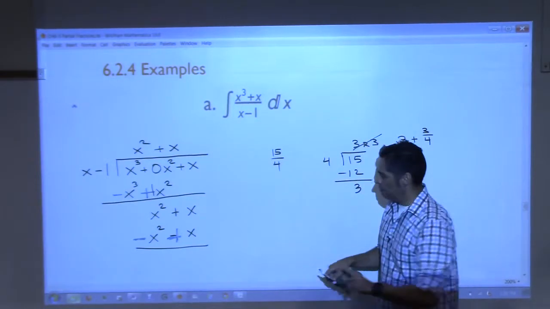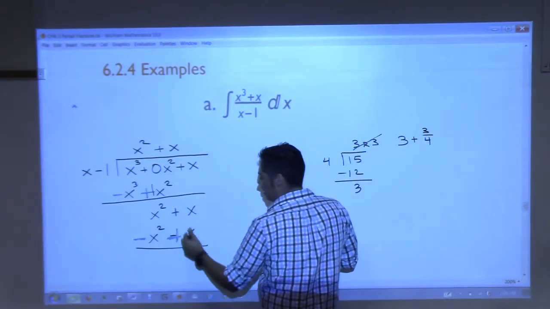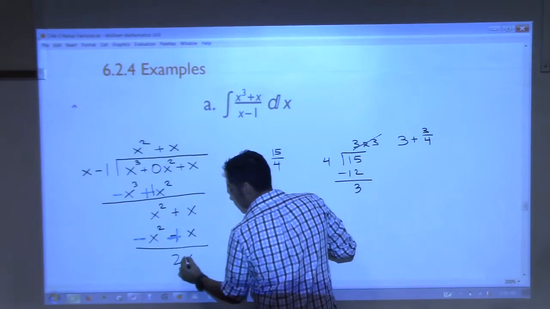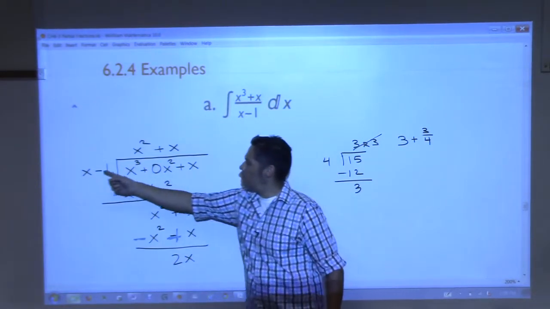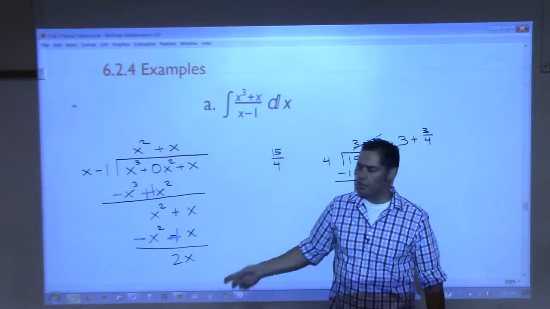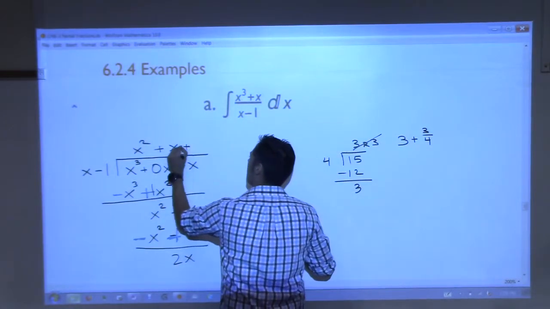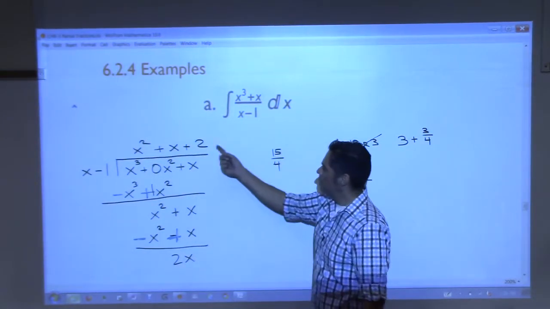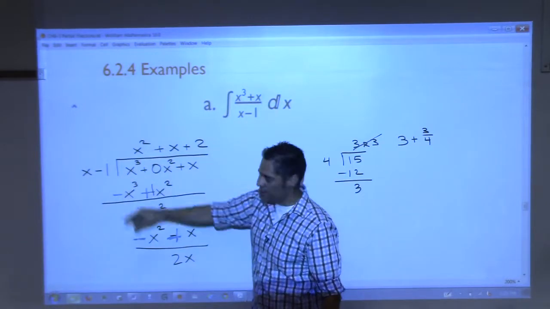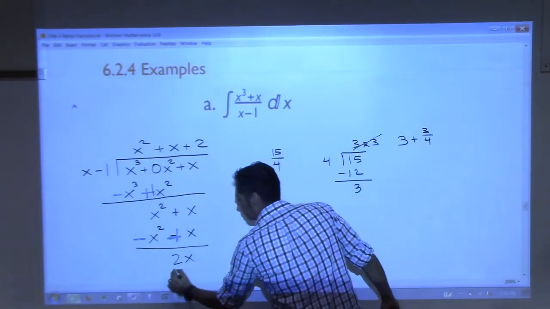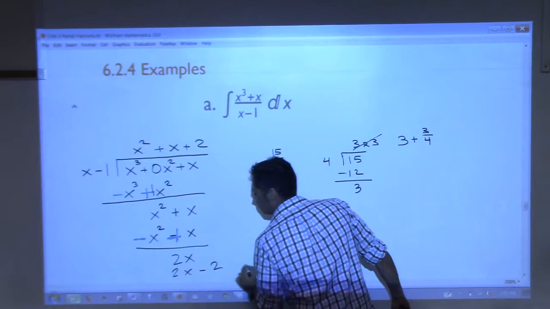And we go again. So down here is nothing. Here is 2x. We play it again. What do you multiply x by to get 2x? 2. So I put a 2 here. 2 times that, 2 times that. So 2x, and then minus 2.